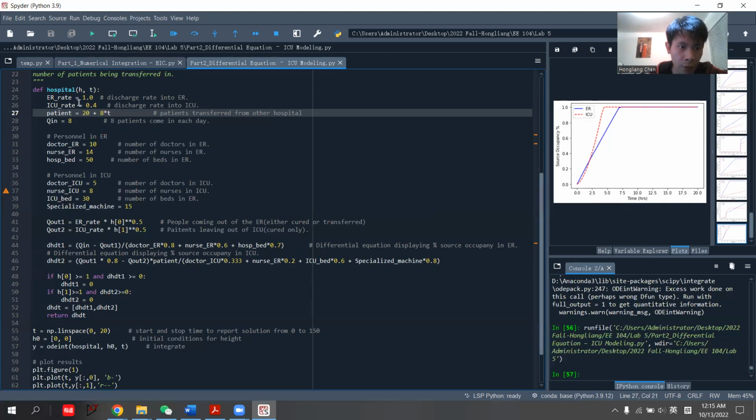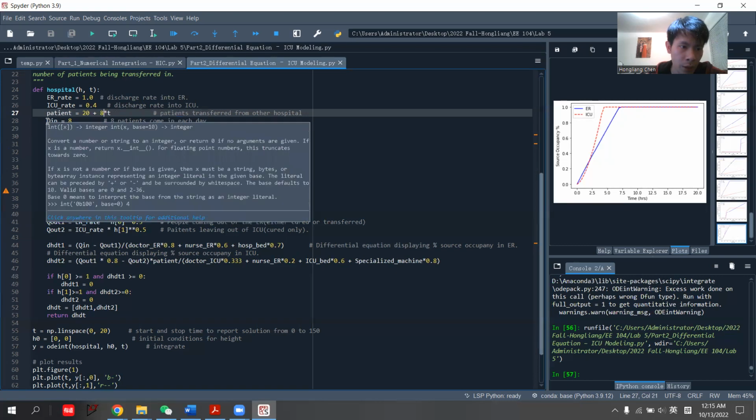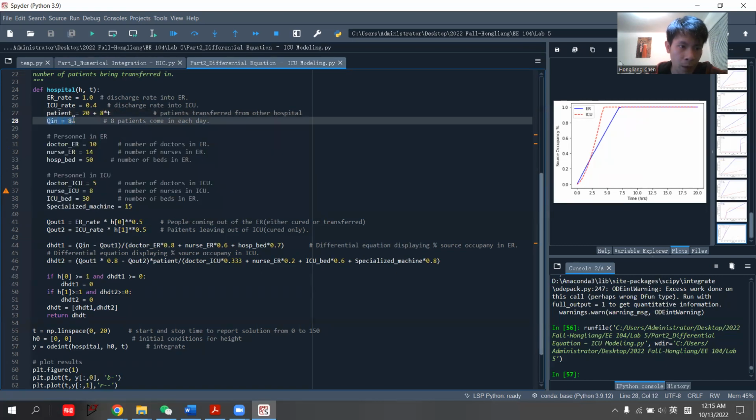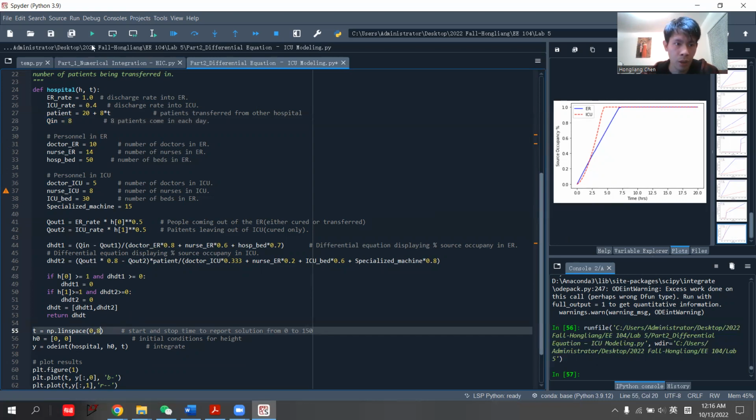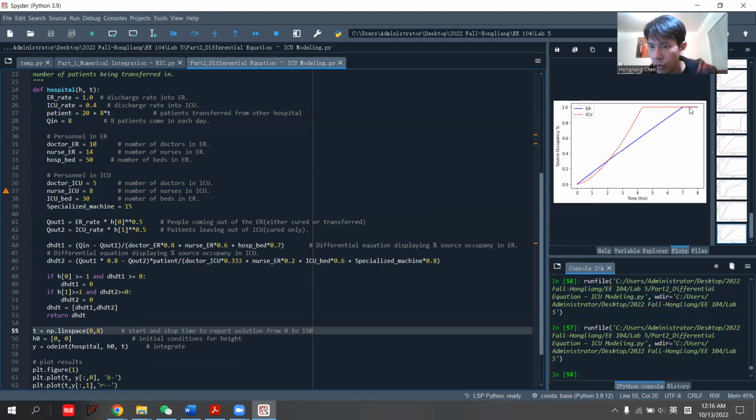In this case, if I have extra patients sent directly to the ICU department, as well as patients sent to the ER department, and then patients transferred from the ER department to the ICU department, we can see that in almost 7 hours both departments reached saturation.